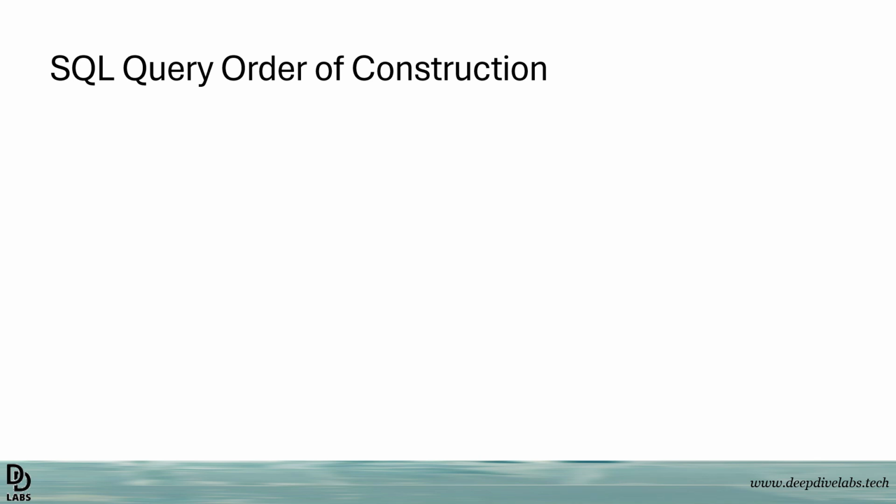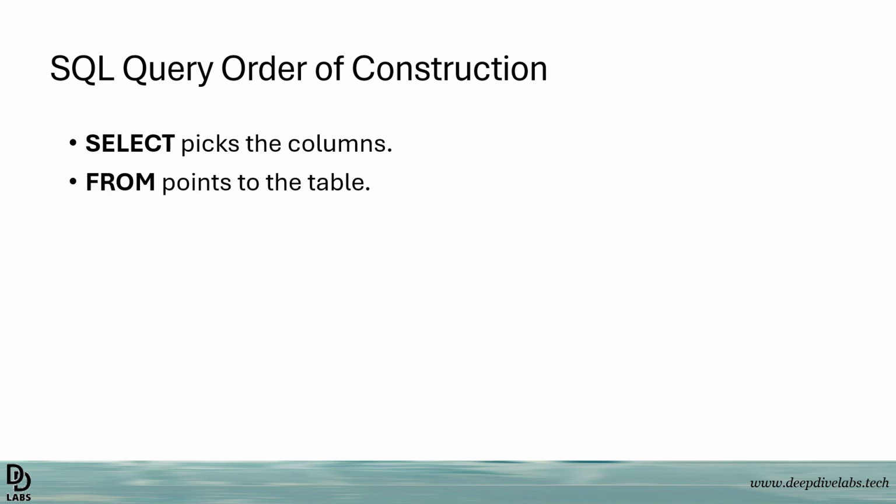In a typical structured query language query, there is an order of construction. So, in this module, we are going to talk more about how SQL is used to retrieve data from a database, right? Your SQL statement that is used to retrieve data from a database starts with the keyword select, and it helps to pick the columns or the attributes in a particular table, from points to the table.